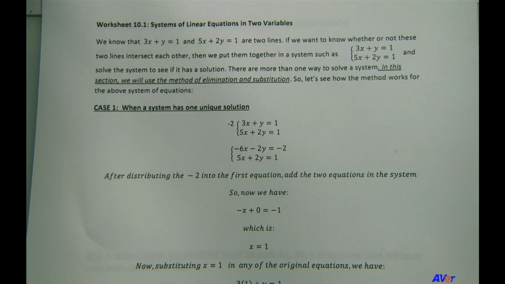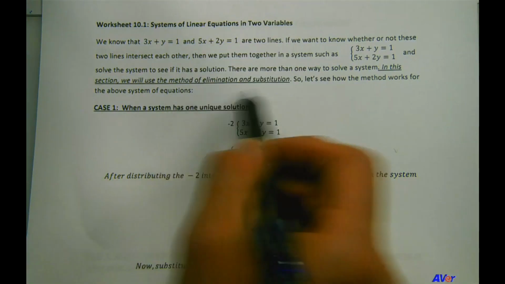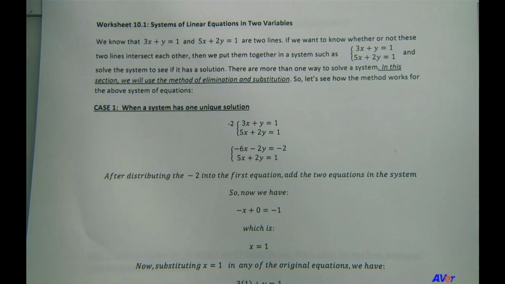Okay, so the method of elimination and substitution, they're really pretty much the same method. If you say you're using the method of elimination, that means you're first eliminating a variable, then you substitute in the equations to find the other variable. If you say you're using the method of substitution, then you are first substituting and then eliminating the other variable.